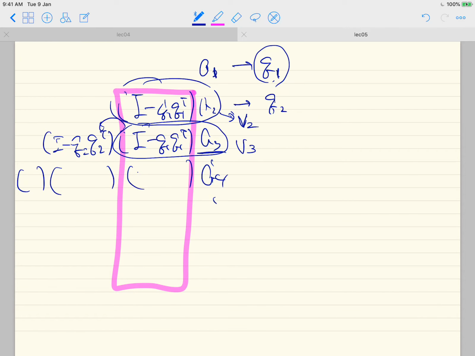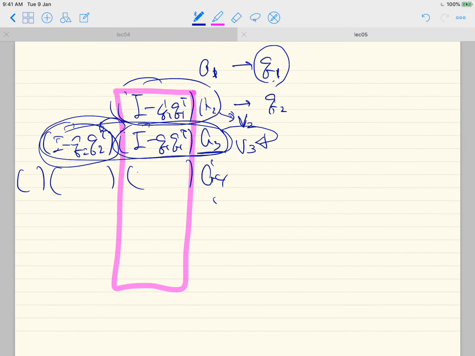And once it is multiplied with this matrix, the result overrides this temporary variable v2. Right? This is the overall sketch of this modified Gram-Schmidt.